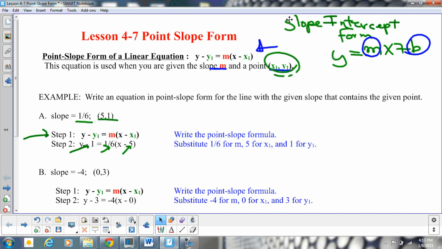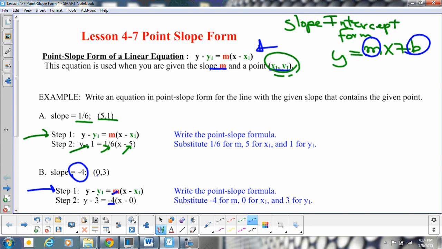Here's another one. We're given slope -4. We're given the point (0, 3). So again, start with the point slope formula, the big one to know, and plug in the values that you're given. I'm given that m, the slope, is -4. I put it in right there underneath the m.